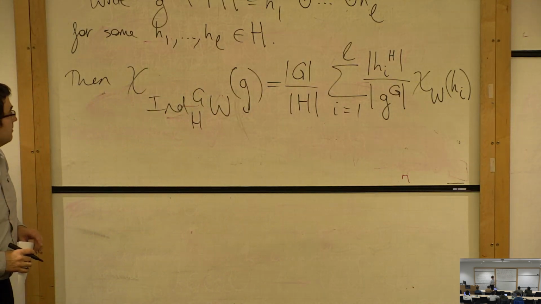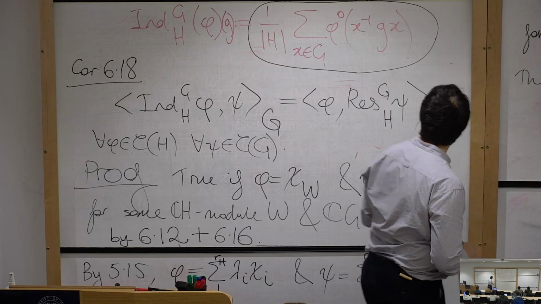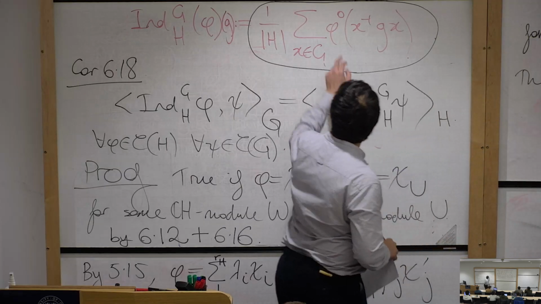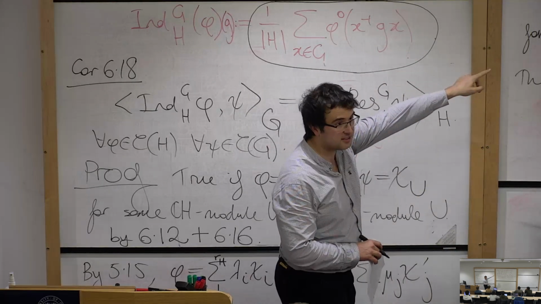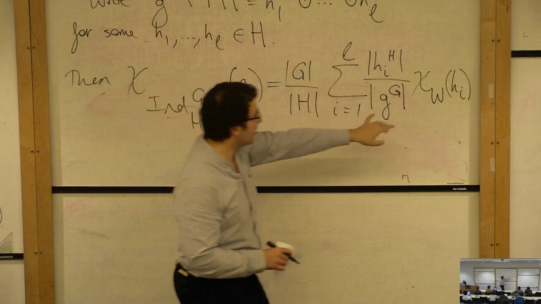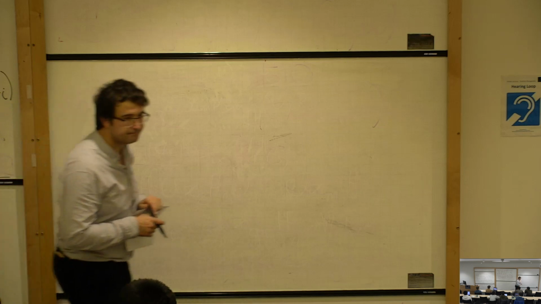Not an obvious formula, I think. I think it's clear that some such formula exists, because obviously this function is either 0 or constant on these H conjugacy classes, so it's clear it's going to be some linear combination of these values, but which one? It's exactly this one.